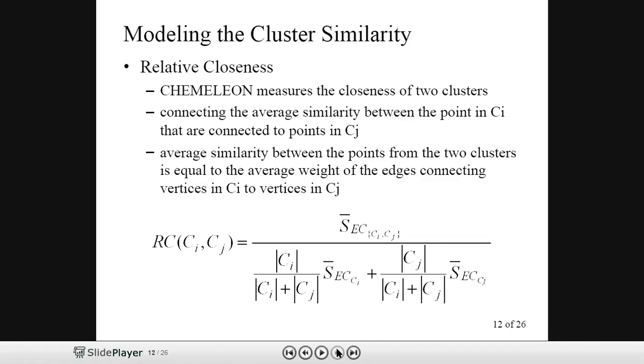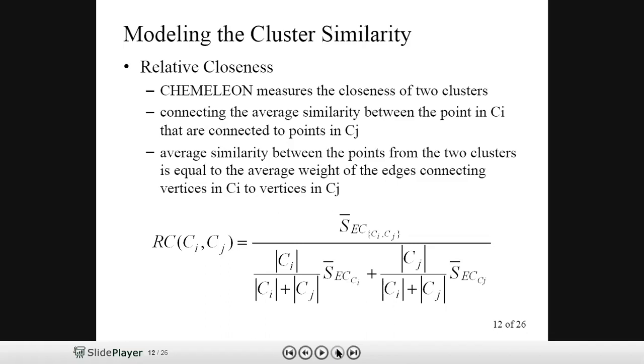And the next one is the relative closeness. The relative closeness, or average similarity, is shown by the following formula.